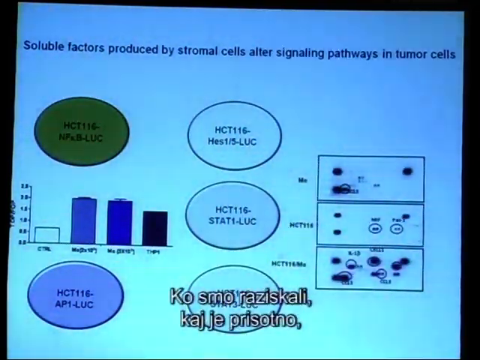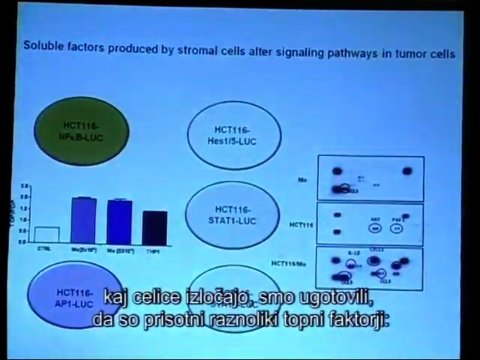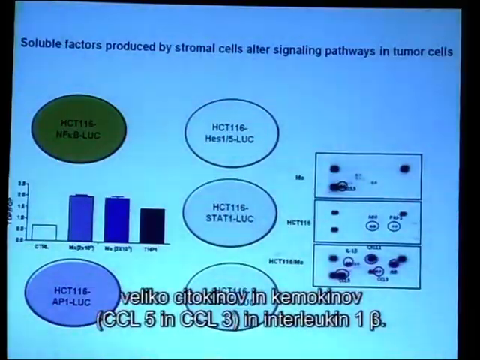When we examined what the cells secrete into the supernatant, we found that when we co-culture tumor cells with macrophages, a variety of soluble factors were produced, a lot of cytokines and chemokines, CCL5, CCL3, and interleukin-1 beta.